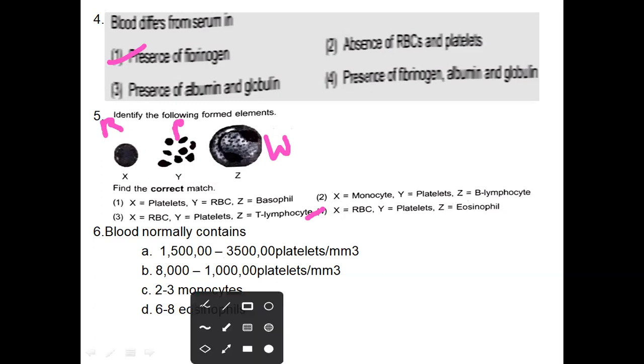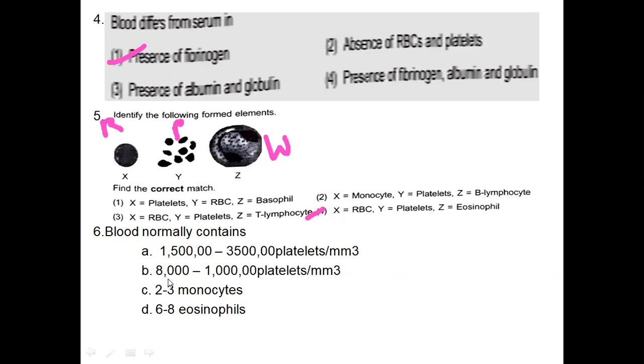Normally, blood contains dash amount of platelets. Okay, it contains usually 1,500 to 3,500 platelets per millimeter cube.